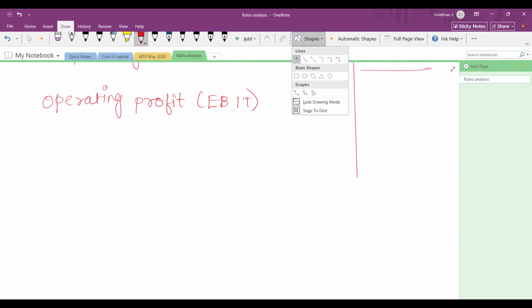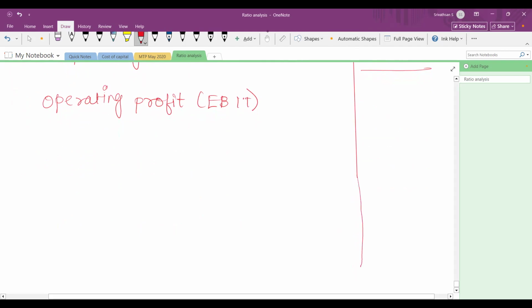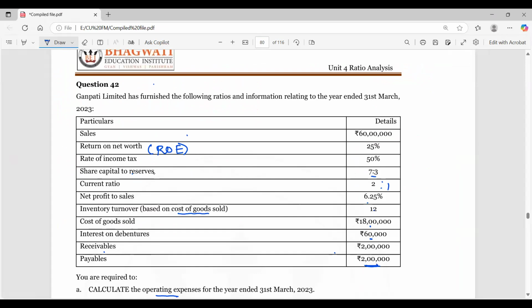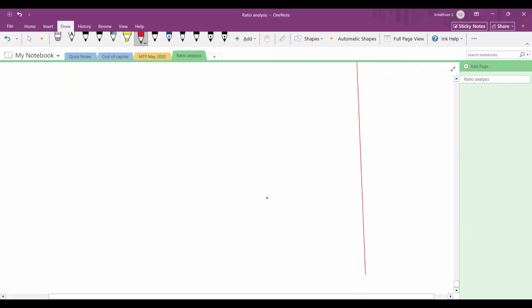Now listen, in this question, can we calculate net profit or not? How can we calculate it? Is net profit given to us? No, how do we calculate that? 6.25% of sales, right? It is mentioned that net profit to sales is 6.25%. So net profit is nothing but 6.25% of the sales amount.